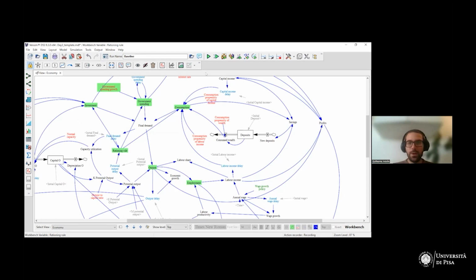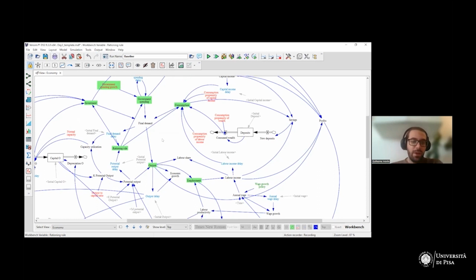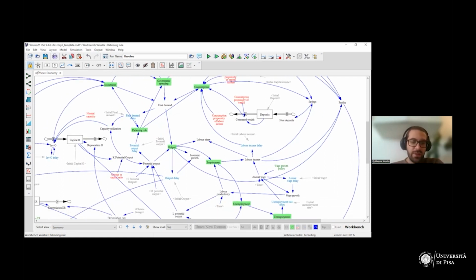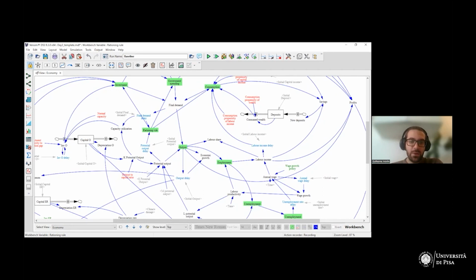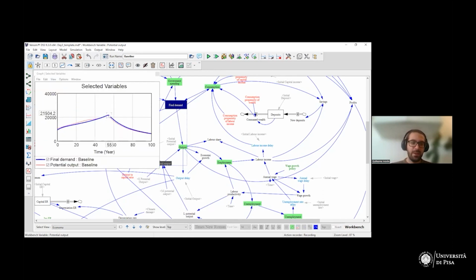we know that one of the reasons this may happen is that potential output is not following the pace of growth of demand. So we can compare these two variables, but then they tend to go together because demand is rationed according to the potential output.